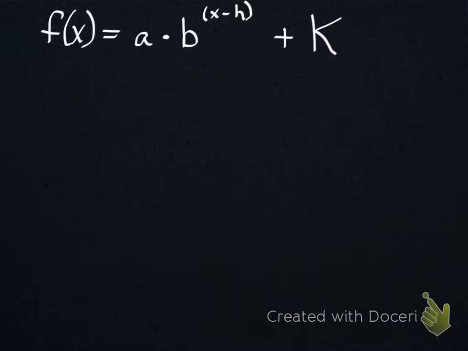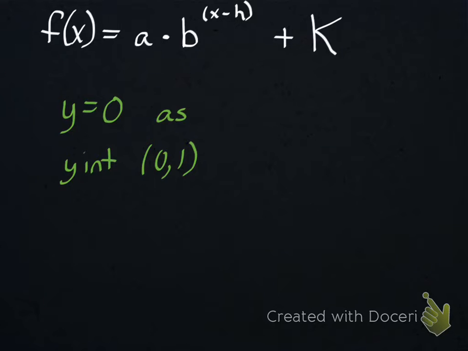So let's think about things that we had showing up in our graph. Every single time we had a graph where we had a y equals 0 asymptote, and we had a y-intercept at 0, 1.